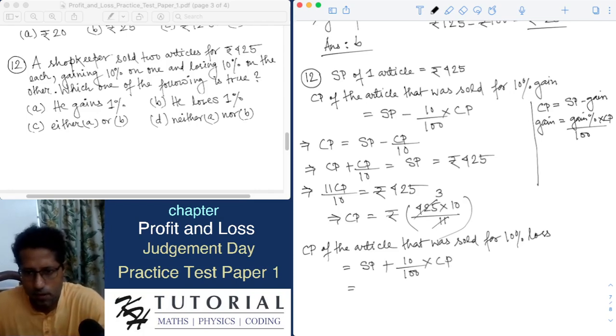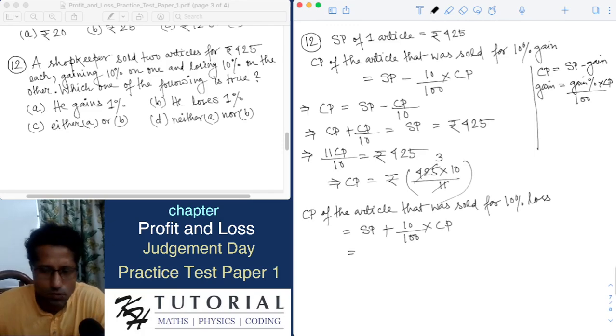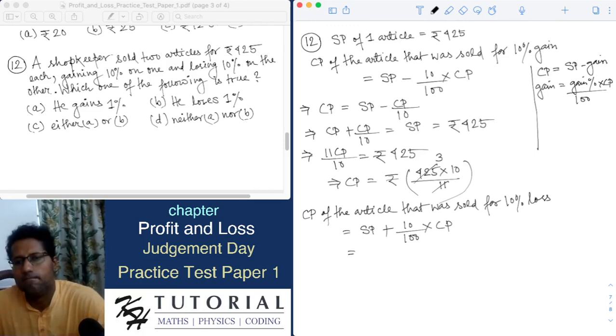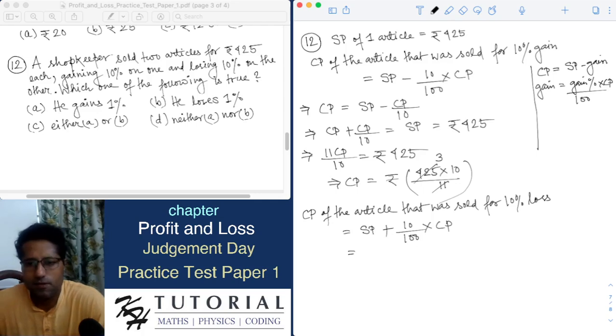Now this CP is the cost price of an article that was sold for 10% loss. So we get SP plus CP by 10. Now this CP is not the same as the earlier CP.